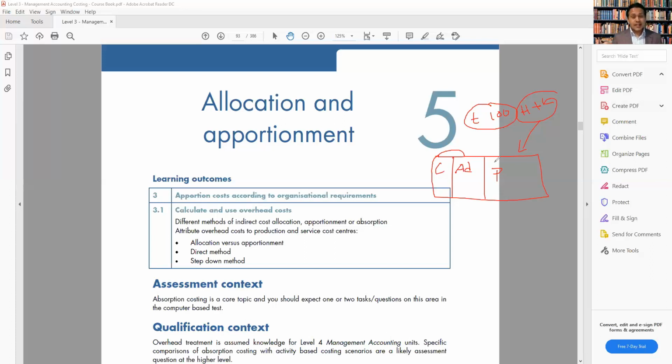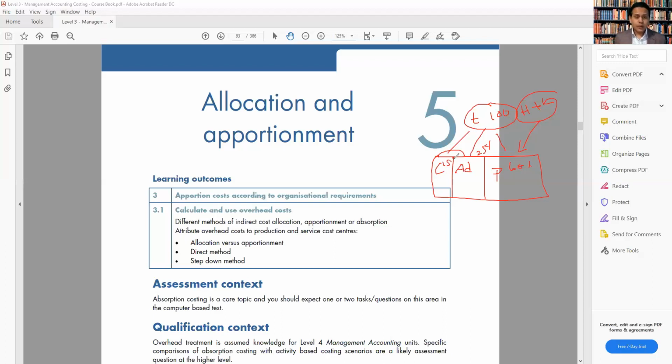If someone uses less space, they pay less. So maybe 60% of the cost goes here, 25% here, and 15% here. Based on the square meters, we can find out exactly how much cost each department should bear.